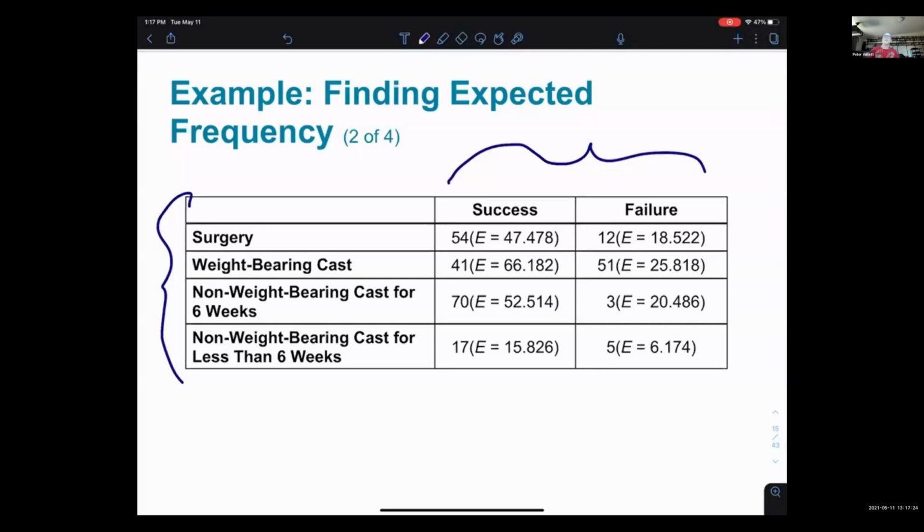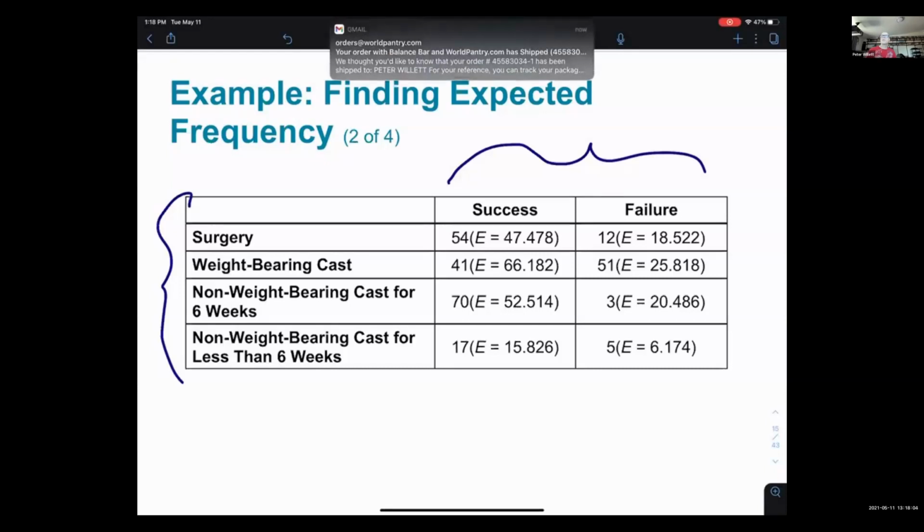If that were the case, then we would expect, when it looks like they did a total of 54 plus 12 are in the surgery row, so that's 66. So 66 people were given surgery. And so if the fact that you got surgery didn't increase or decrease your success or failure, then we would expect that 47 of the surgeries would have successful results, and 18 and a half on average would have failed.